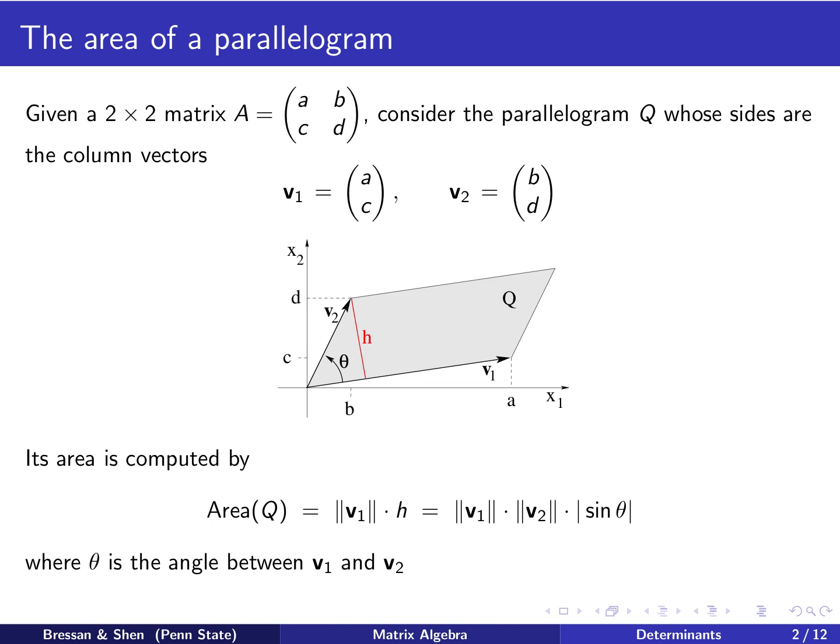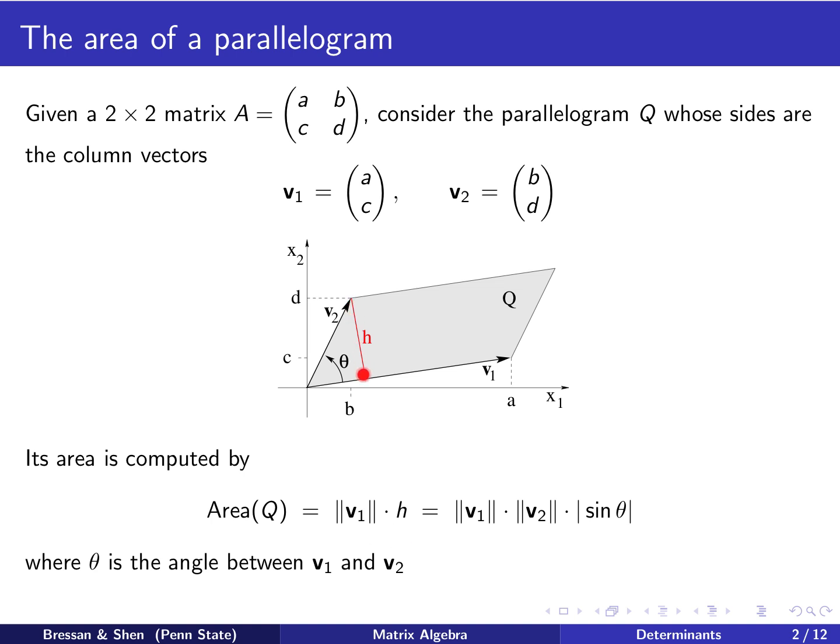From our study of Euclidean geometry, we know that to compute this area, you can take a point on this side and drop it down perpendicularly and find this value h, a height of it. So the area would be the height times the length of the base. That will be the norm of V1 times this quantity h.